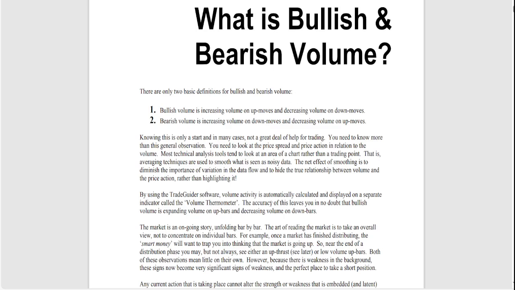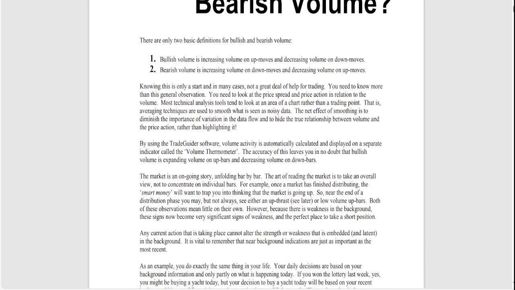Now read all of this. You will have an idea of what I told you. They are actually trying to tell you the thing which I told you. Volume activity is automatically calculated, and ignore this Trade Guider software, just throw it away.